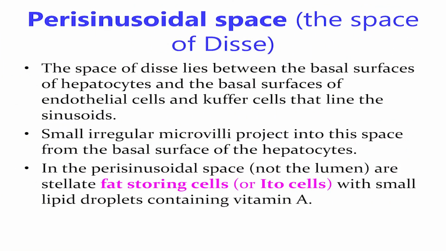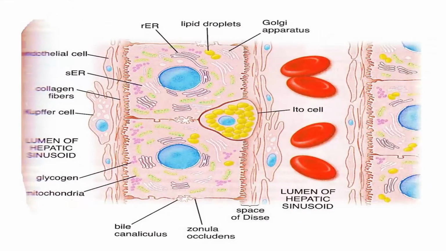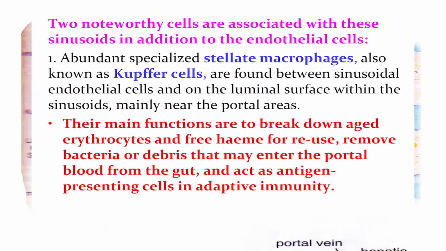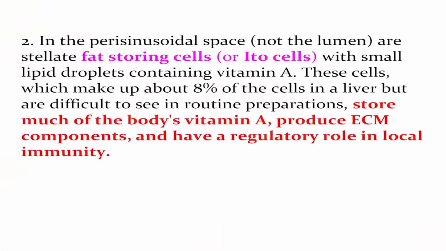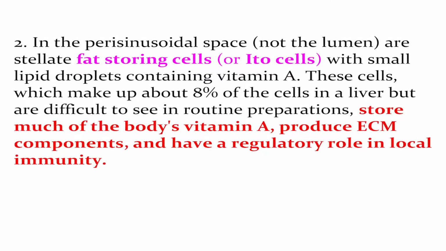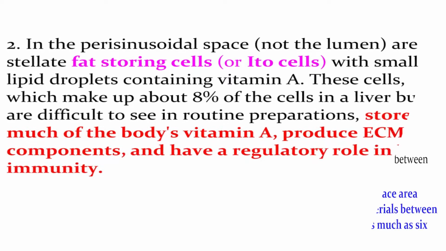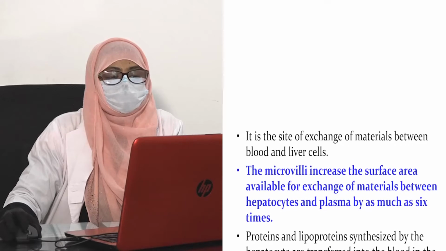Then what is the perisinusoidal space? The space of Disse lies between the basal surface of the hepatocyte and the basal surface of the endothelial cells and Kupffer cells that line the sinusoids. Small irregular microvilli project into this space from the basal surface of the hepatocytes. In the perisinusoidal space, not within the lumen, are stellate fat-storing cells, that means Ito cells, with small lipid droplets containing vitamin A. It is the site of exchange of material between blood and liver cells.